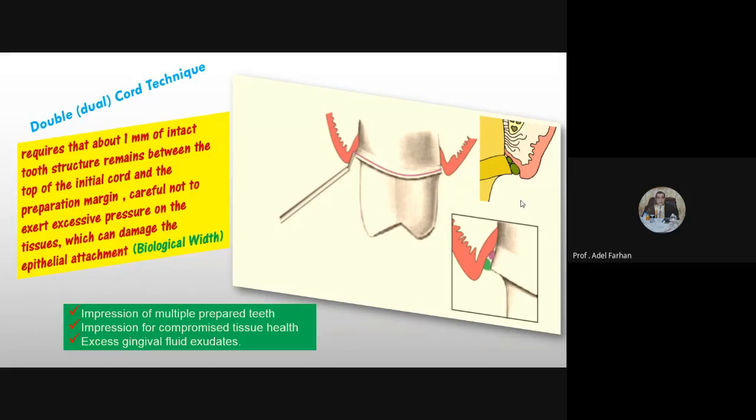By using the dual cord technique leaving the small diameter after retraction هذه تمنع الريلابس of the gingival tissue وتبقى الاكسبانشن of the sulcus.